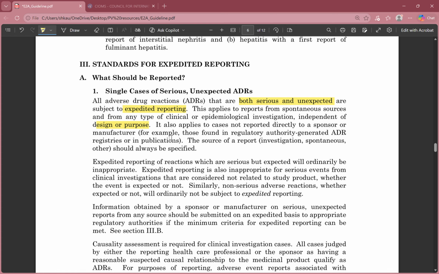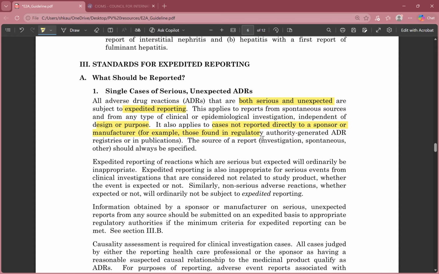The third point is that it also applies to cases that are not directly reported to a sponsor or manufacturer, for example those found in regulatory authority generated ADR registries or in publications. And the source of a report should always be specified.